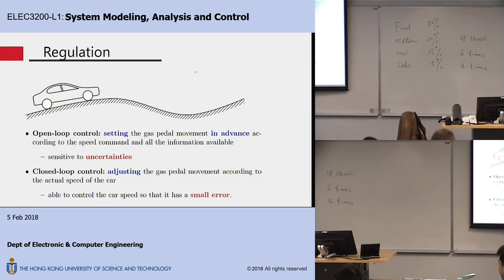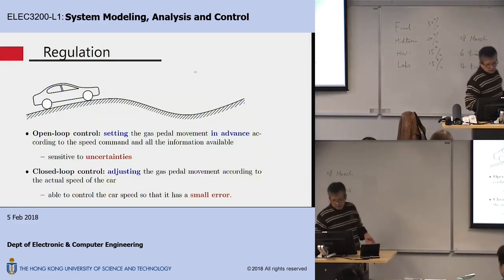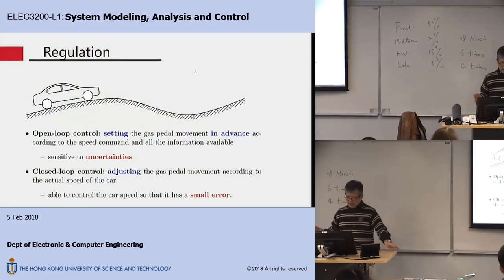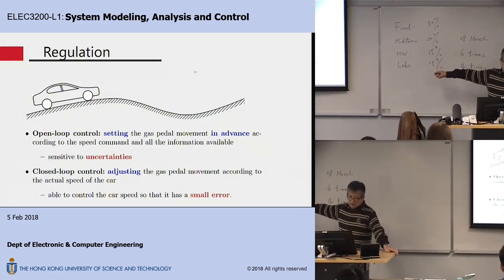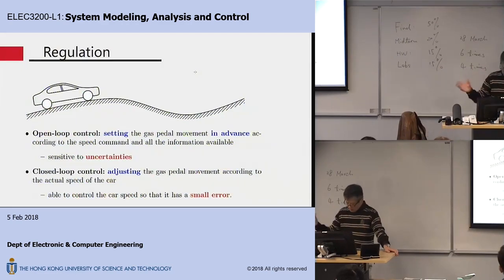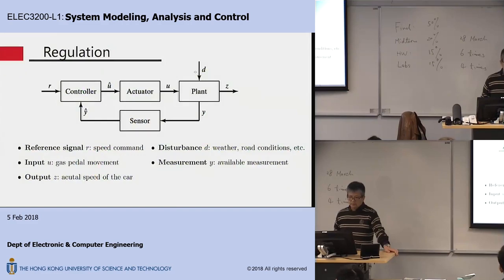This command is something you cannot control. So in regulation you have this external command. In the stabilization problem, you don't have this external command. That's a big difference.